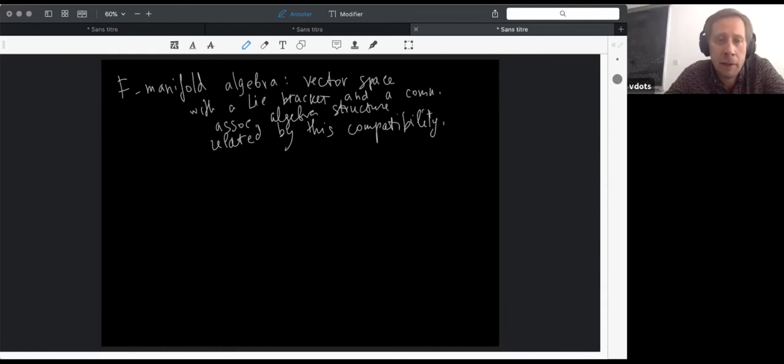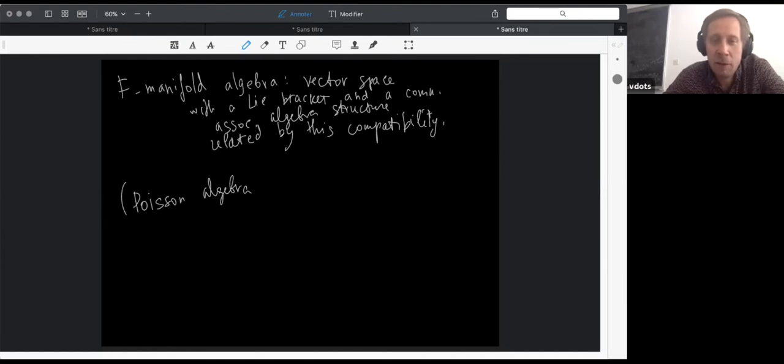So of course, in a similar way, people define Poisson algebras, which are a vector space with a Lie bracket and a commutative associative algebra related by the Leibniz identity.